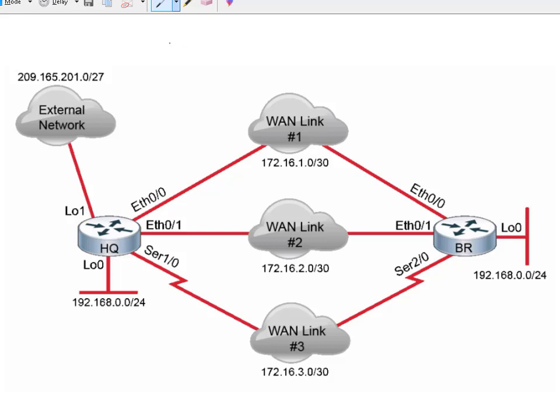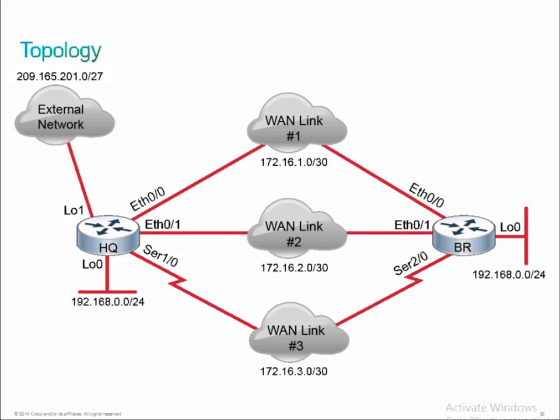So we're going to be using this topology here, and we'll get into some of the details of how we work with this topology as part of our process. All right? So as you can see here, we've got essentially just 2 routers in this discovery. We've got our HQ router and we've got our branch router, but we have several different paths to choose from to go between the HQ and the branch location.